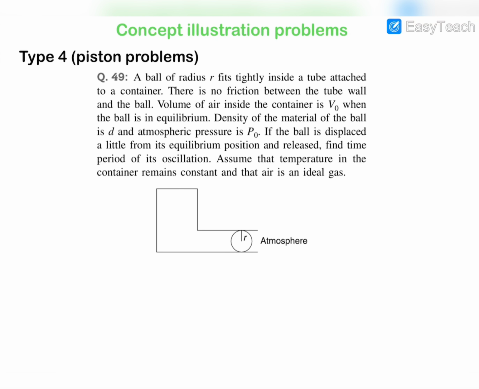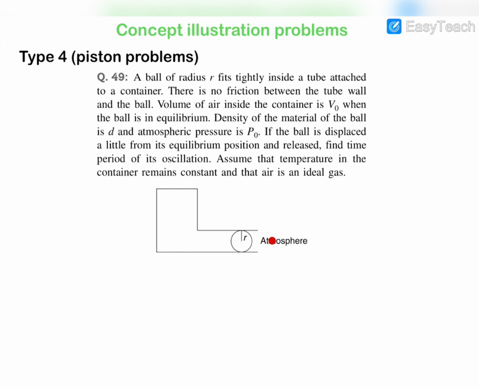In this problem, you can see that there is a ball of radius r that is tightly fitted inside a tube that is attached to a container. This container contains air of volume V0, and there is no friction between the walls of the tube and the ball. The radius of the ball is r, and the density of the material of the ball is d.